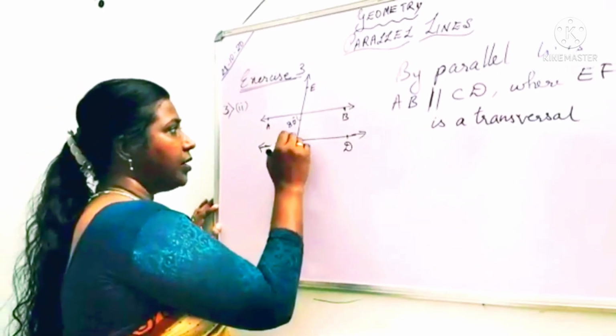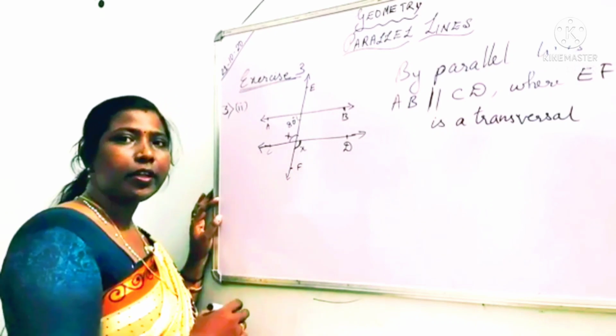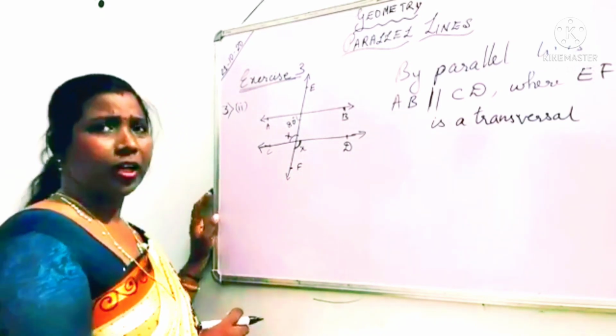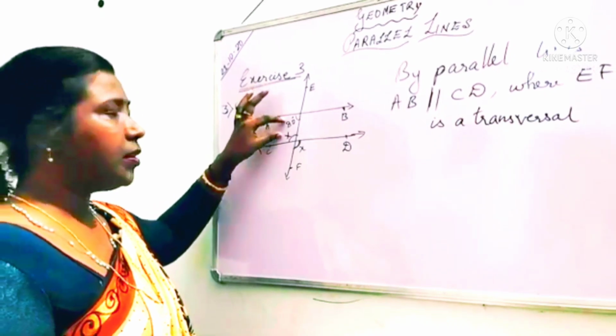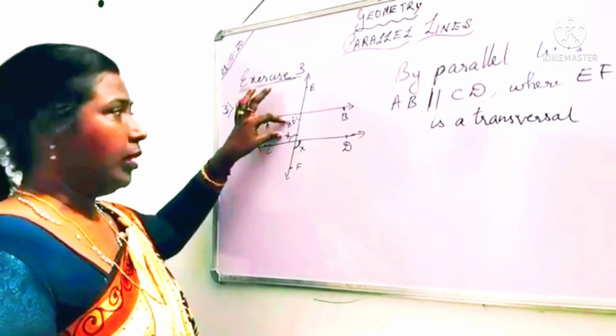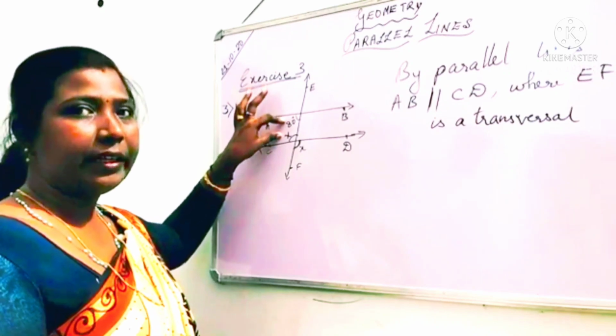Can I take this as x because it is a vertically opposite angle? Now here both the parts came inside. Now by seeing this, what are you getting to know? It is co-interior angles.